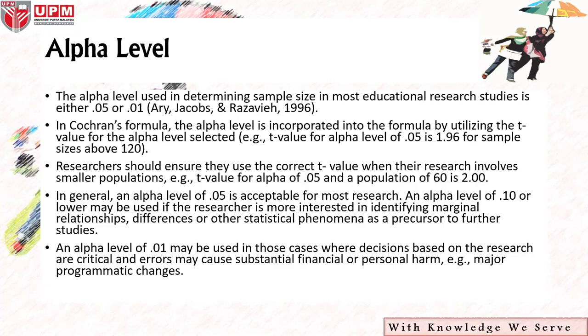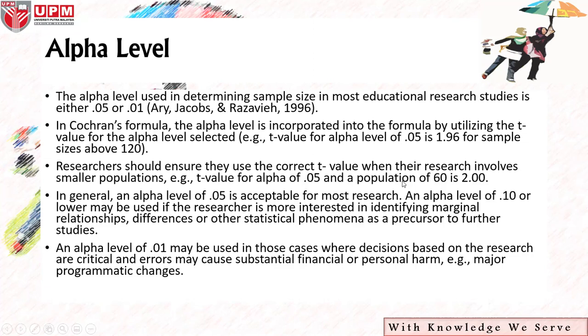Okay, in Cochran formula, the alpha level is incorporated into the formula by utilizing the t value for the alpha level selected. For example, t value for alpha level 0.05 is 1.96 for sample size above 120. So biasa kalau kita guna confidence level 0.05 ni, t value dia akan jadi 1.96 automatic.